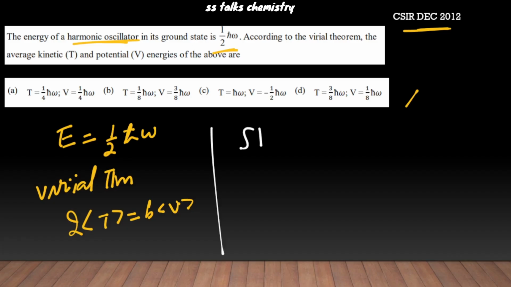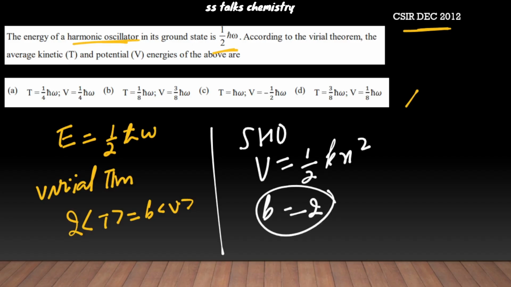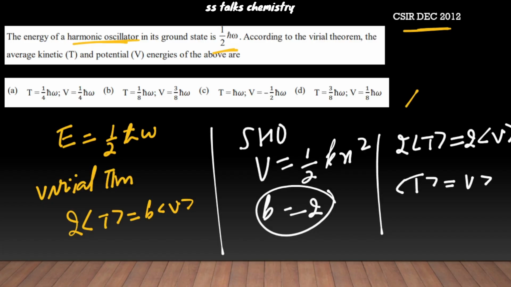In the SHO, the potential energy is half of kx², so B is 2 in this case. So twice of the kinetic energy is twice the potential energy, so kinetic energy is equal to the potential energy for the SHO.